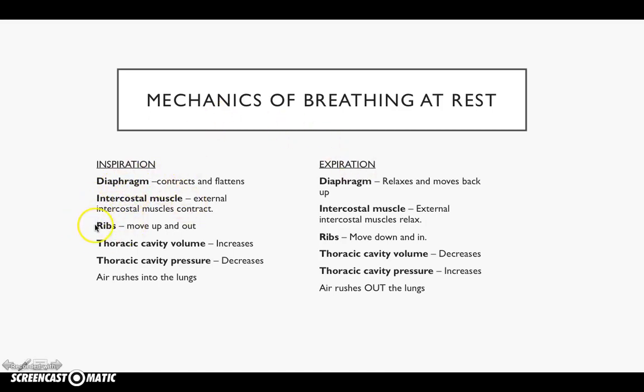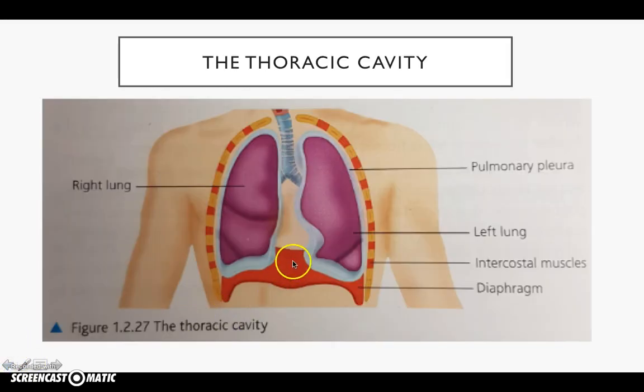First of all, what we're going to discuss is the ribs. What I want you to do is put your hands on your ribs and take a big breath in. So, inspiration. As you can feel, your ribs move up and out. This is because the diaphragm contracts and flattens. If we go back to the picture, this here will contract and flatten down.